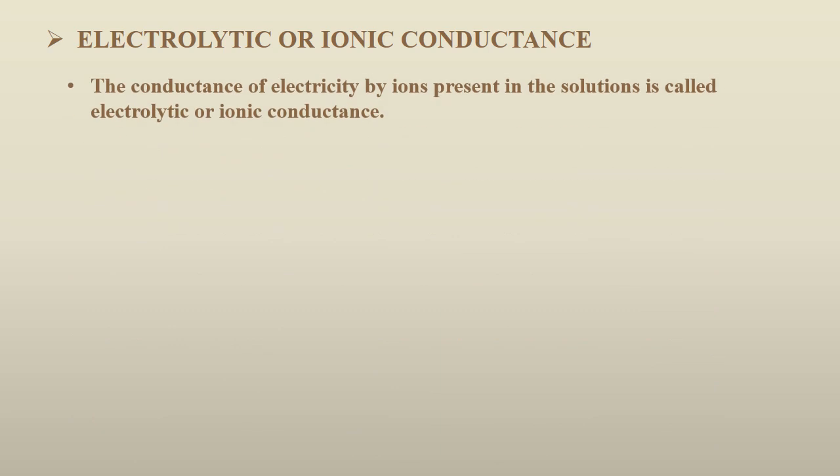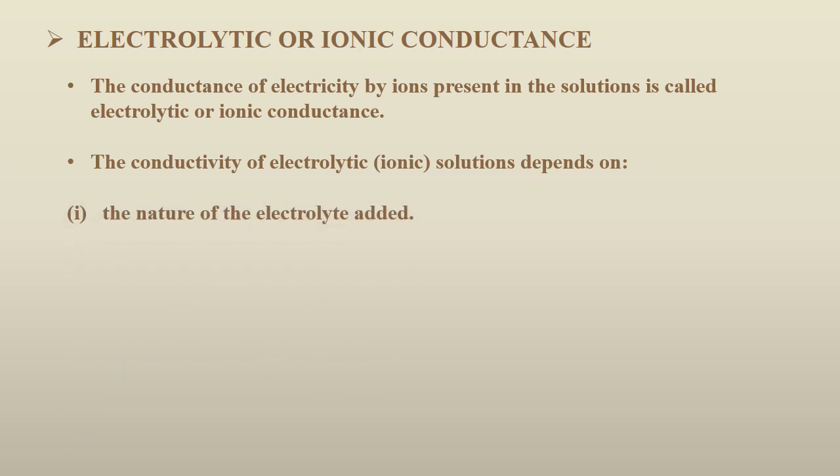The conductance of electricity by ions present in the solutions is called electrolytic or ionic conductance. It depends on, of course, the nature of the electrolyte added, whether the electrolyte is a strong electrolyte or weak electrolyte.